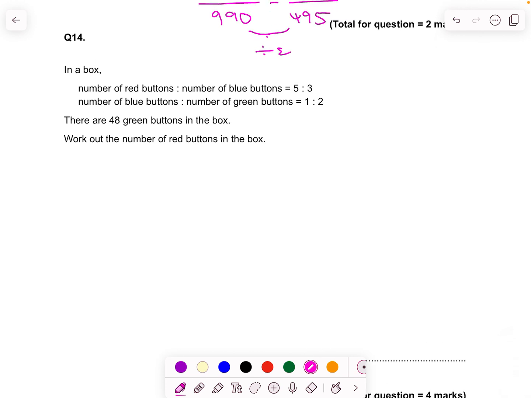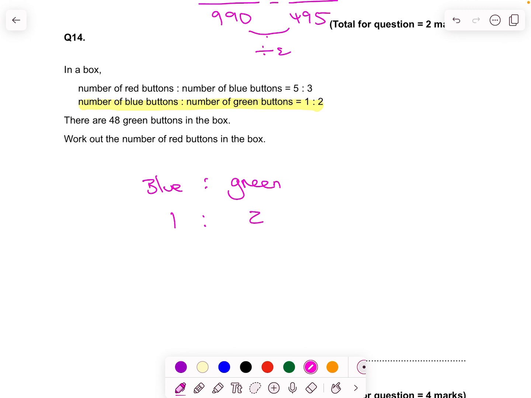Okay, 14. And I'm pretty sure we've done a similar question to this. So let's have a look. So number of red buttons to number blue. We're going to use this information first. So the number of blue to green is 1 to 2.